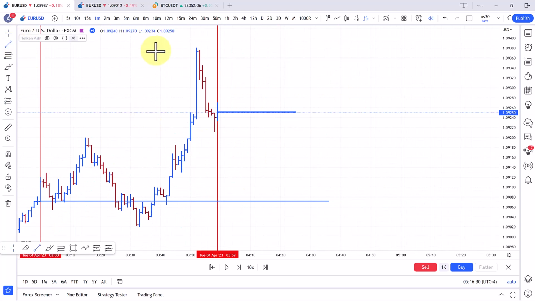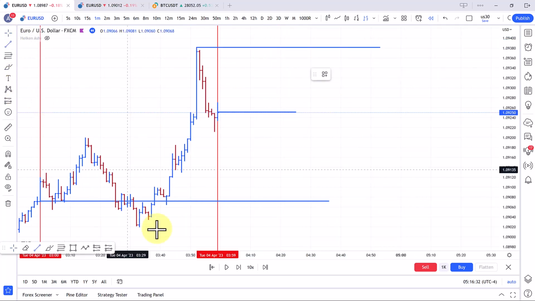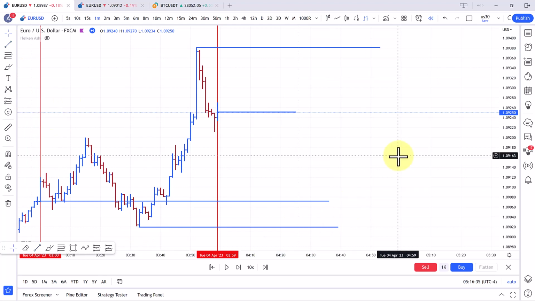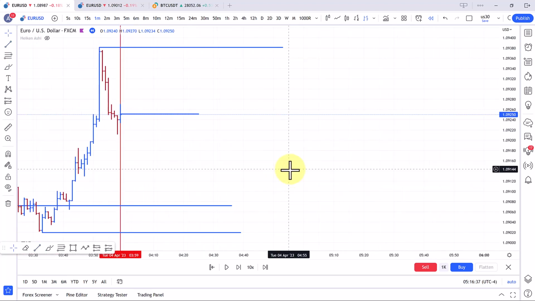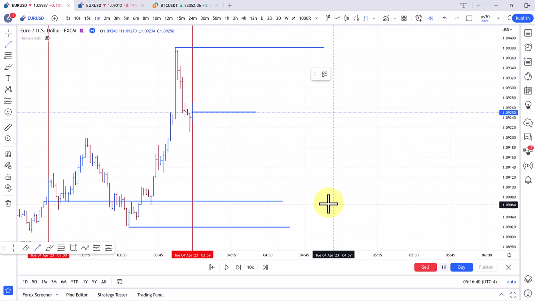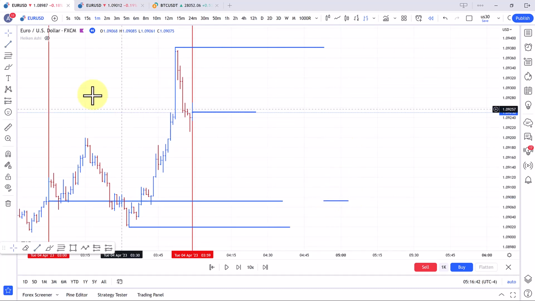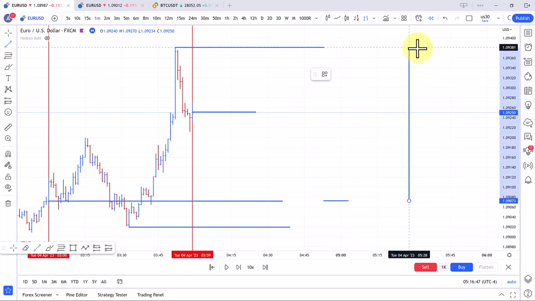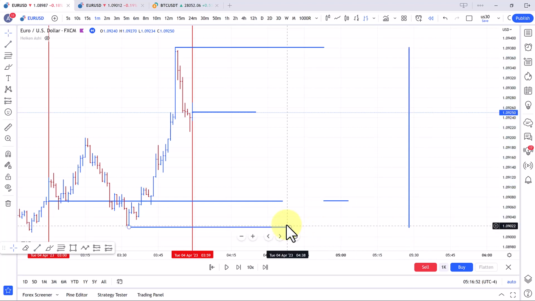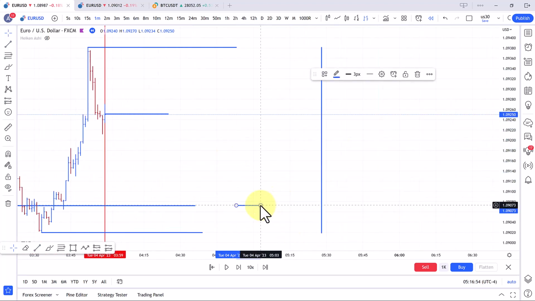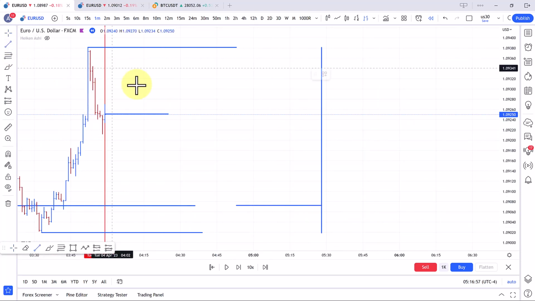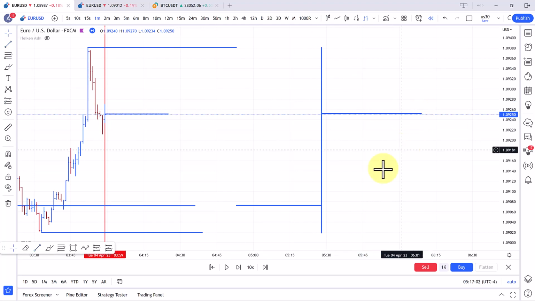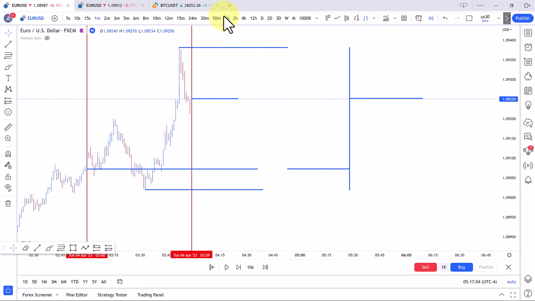But we have the highest point as a tail and the lowest point as its lower tail. So it started here, it is our line, it went from here to here, and the lowest point is here as well. I'm seeing this line and this line. I'm making it big because when we go to the 1 hour time frame, we may not see that.